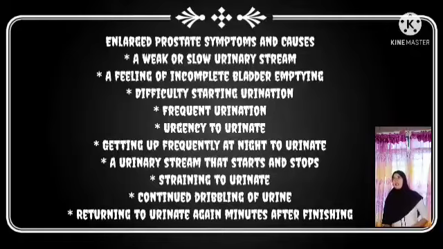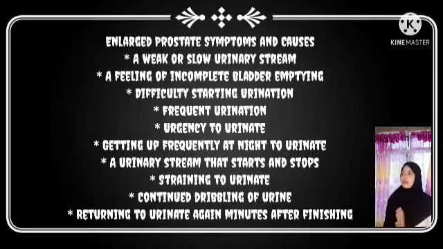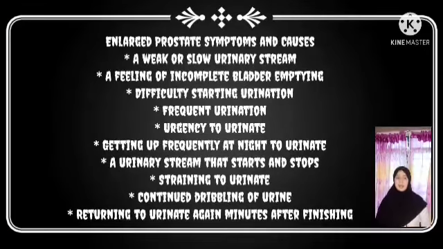Kumbaga, kapag matanda na daw yung tao, there is a possibility, especially sa mga lalaki, they will develop an enlarged prostate. A small amount of prostate enlargement is present in many men over age 40.